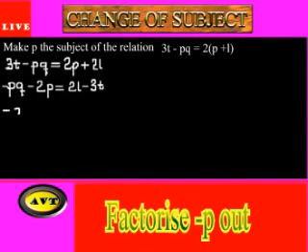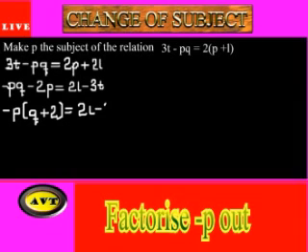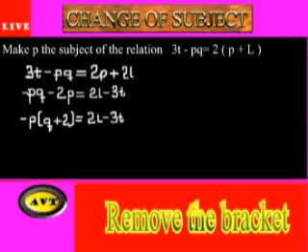We put a negative P outside the bracket, and then we write the remaining things inside the bracket. In the first term, Q is remaining, and in the second term, 2 is what is left. Then we repeat everything at the right hand side of the equation. The two terms have been reduced to one single term through factorization.